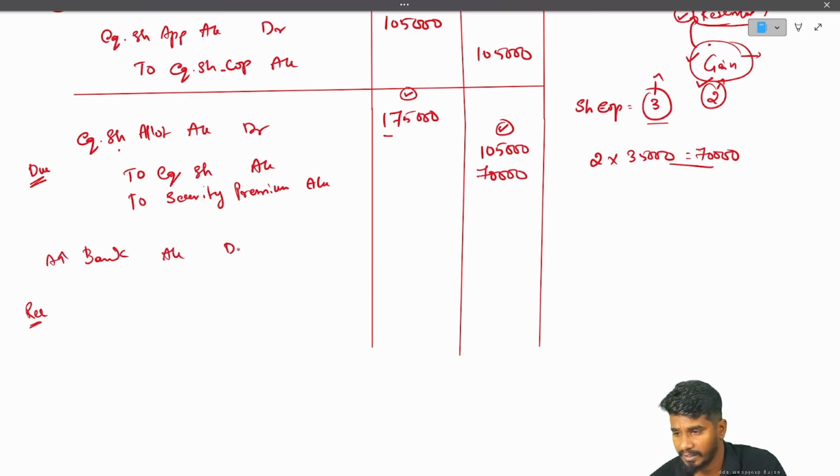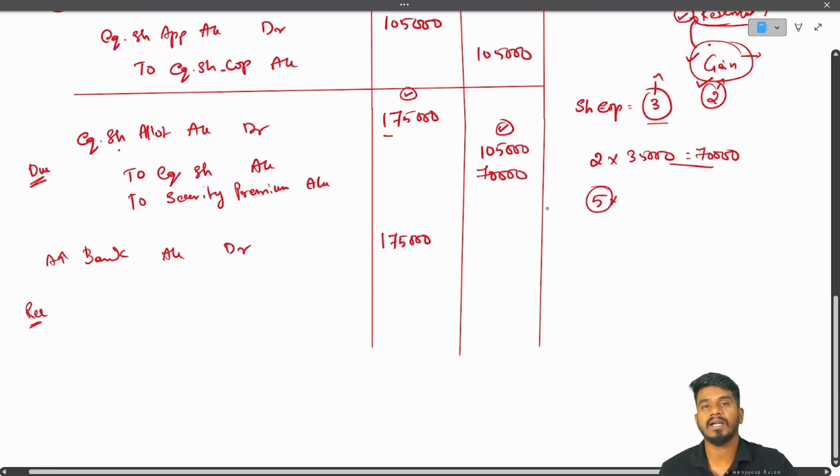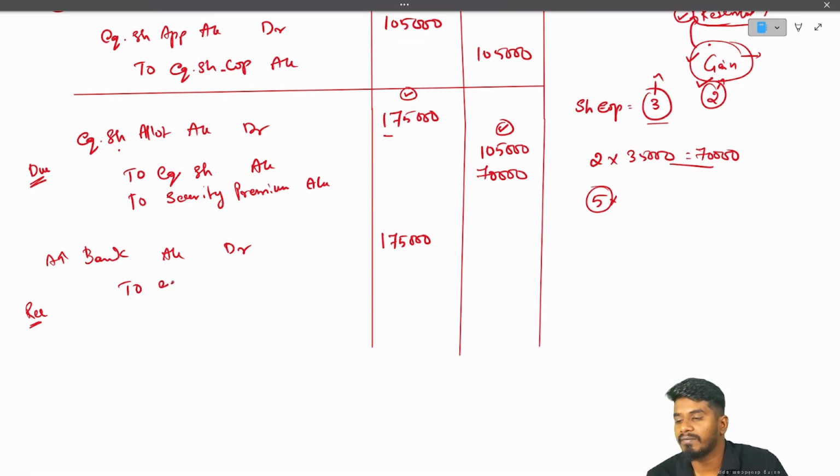Bank account debit. So how much do we need to receive? We will receive 1,75,000, because 5 rupees we are totally receiving along with premium. Correct. To equity share allotment account.